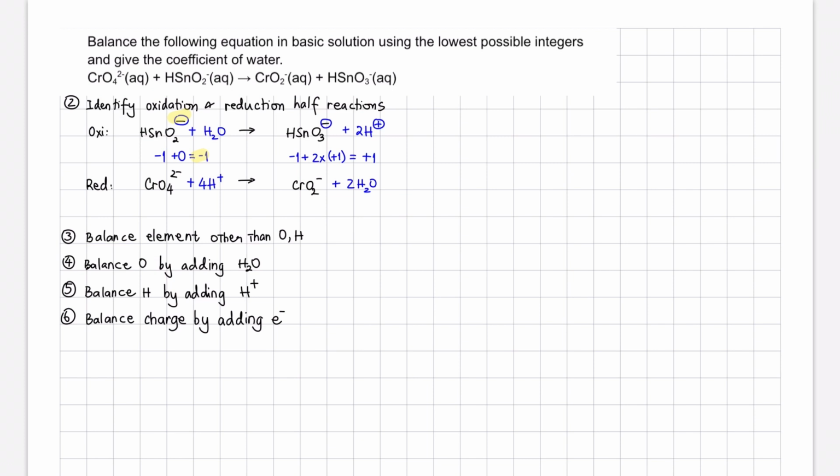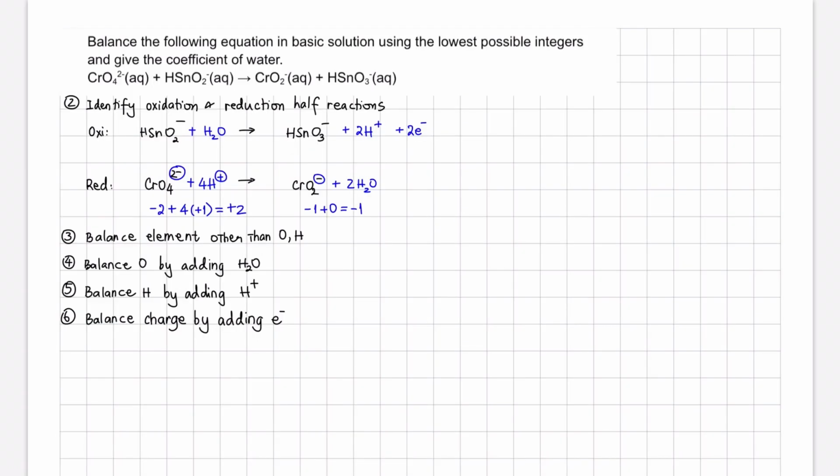And now looking at the right, we have HSNO3 with 1 negative charge plus 2H plus with 2 positive charge. So that's a total of plus 1 charge on the right. So in order to balance it out, we need to add 2 electrons on the right. That way it adds the -2 charge to the right to give a total of -1 charge. And that way both sides have -1 charge and is balanced.